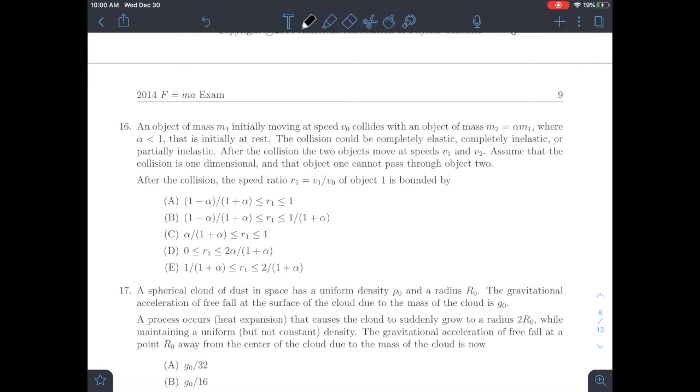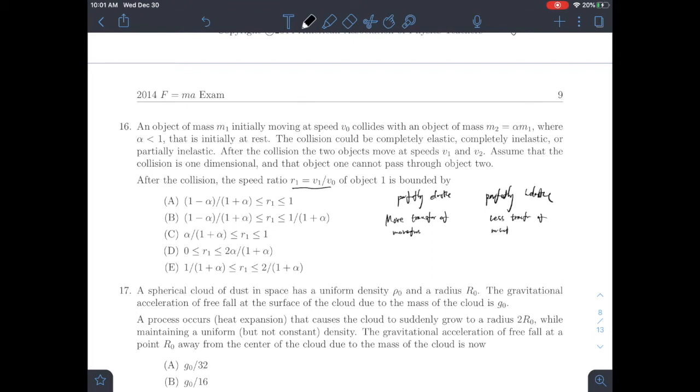This is interesting. So first, let's look at extreme conditions where it's perfectly elastic and perfectly inelastic. In these two conditions, they have to be bounding the ratio of the objects, right? Because of the conservation of momentum. So we know in a perfectly elastic collision, more momentum is transferred from object 1 to object 2, which gives object 2 a larger velocity. We know object 1 is smaller than object 2.